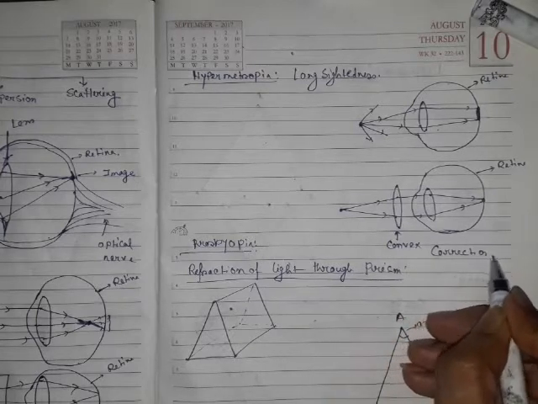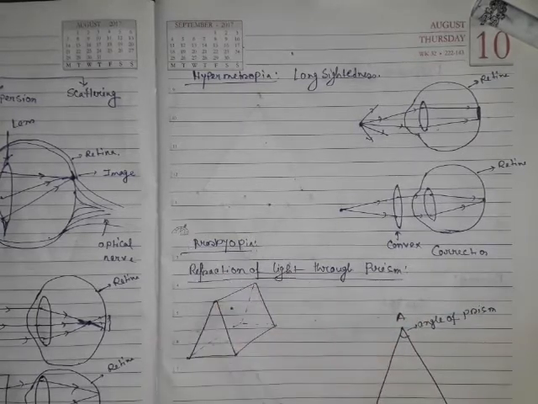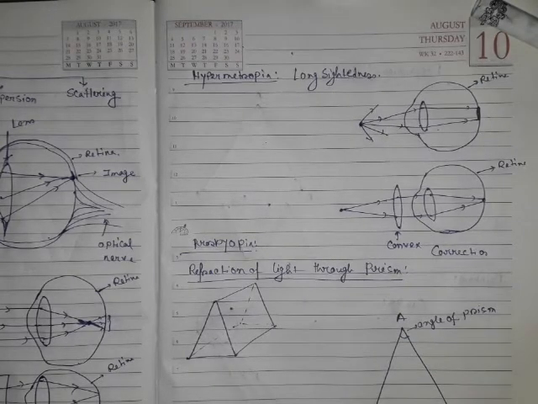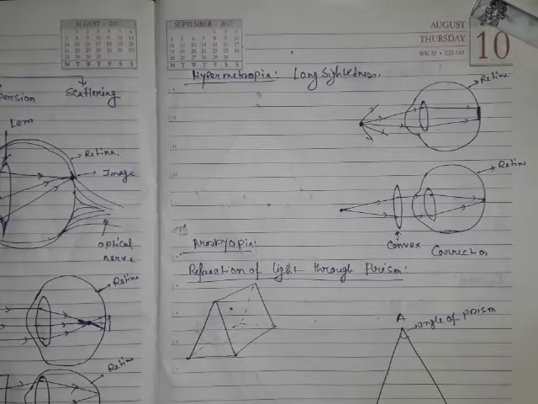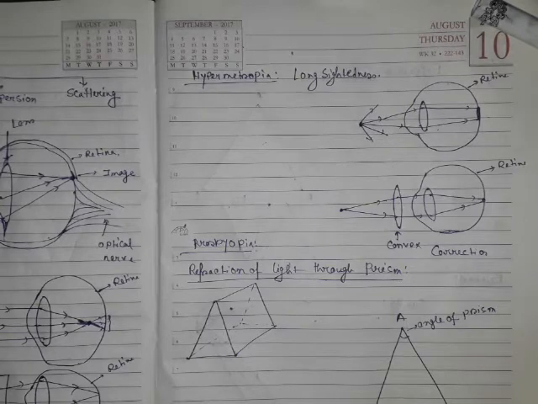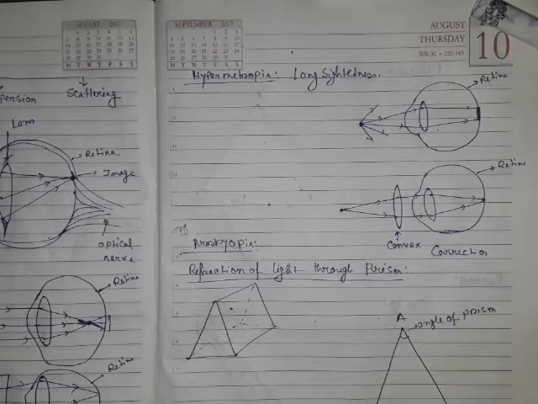And the third one is the presbyopia condition. Now, myopia and hypermetropia mainly happen due to some unwanted things, like stress in the eye.